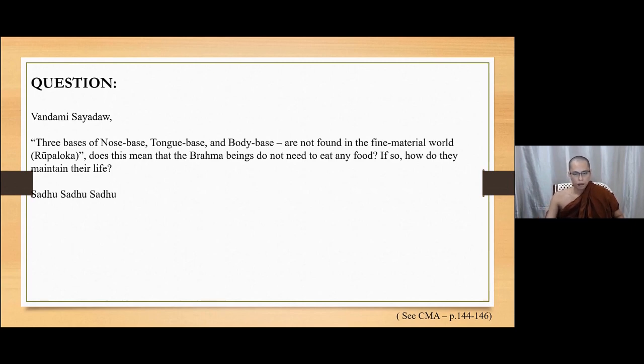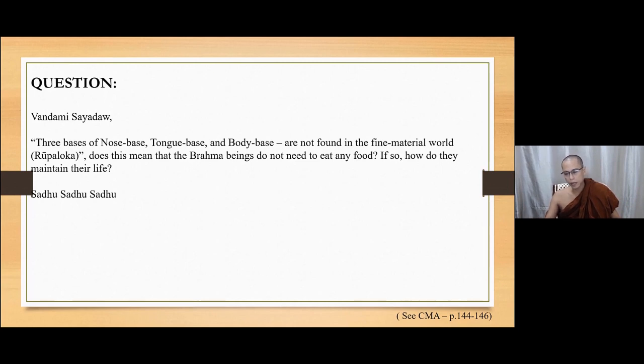They survive by the mental nutriment. So nama ahara, we call that. It is usually expressed as piti, emphasized in piti. In the sutta, you can find piti pekha.